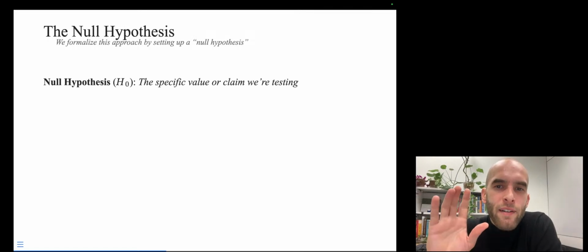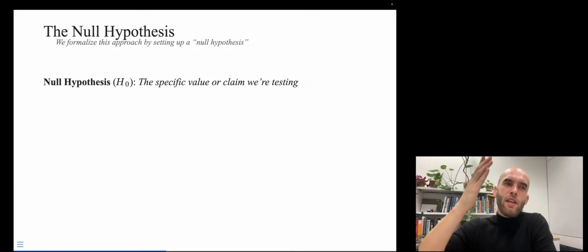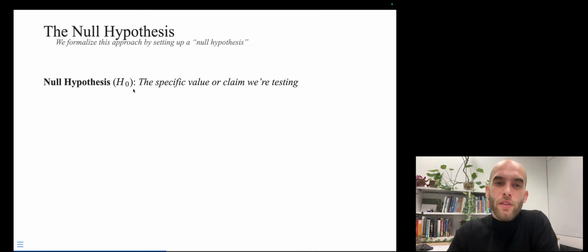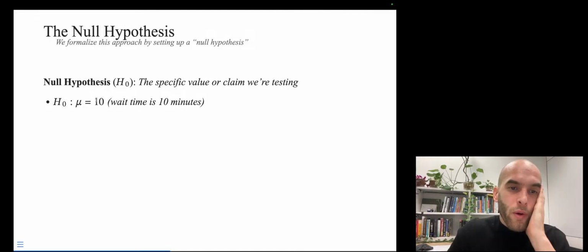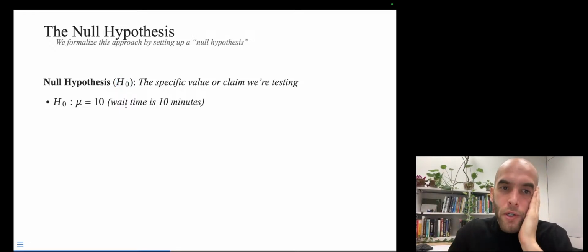Okay, so the example we just ran through was a specific claim about wait times. That would be what we call the null hypothesis. It's a specific claim that the wait time on average is 10 minutes. We often denote this with an H subscript 0 for null.